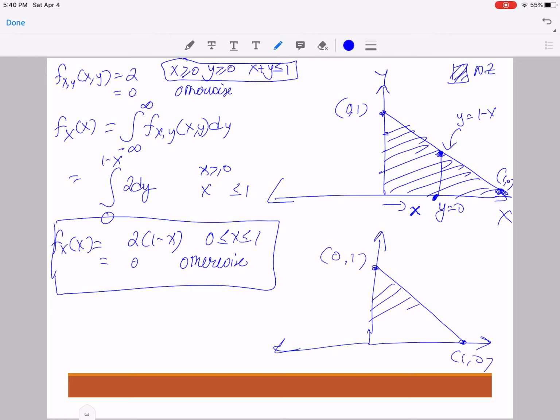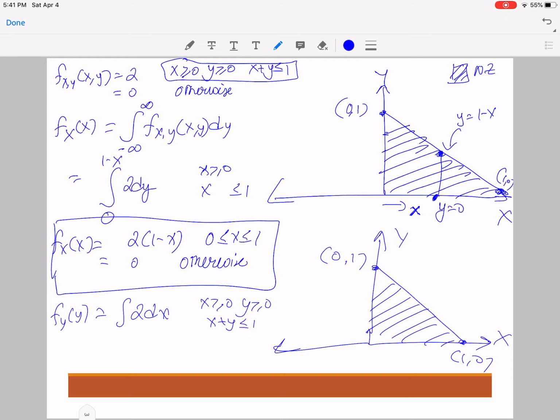This is the region of non-zero probability, and this time I integrate with respect to x. So I integrate the joint PDF with respect to x. This is the region of non-zero probability for the original joint PDF.